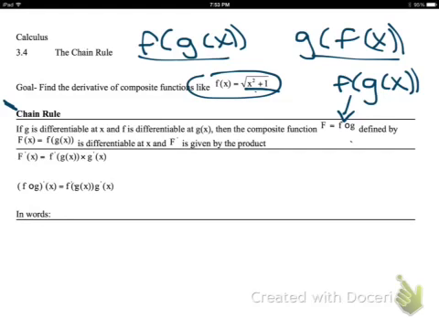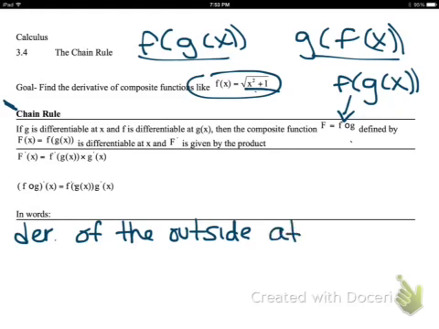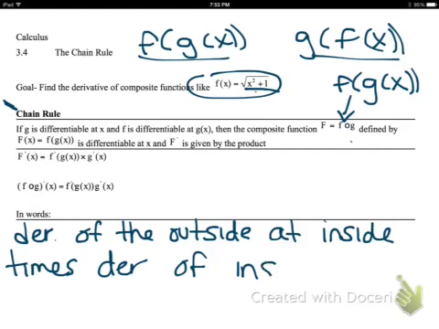The easiest way to explain this is you're going to do the derivative of the outside function, and leave the inside the same, times the derivative of the inside. That's the chain rule.